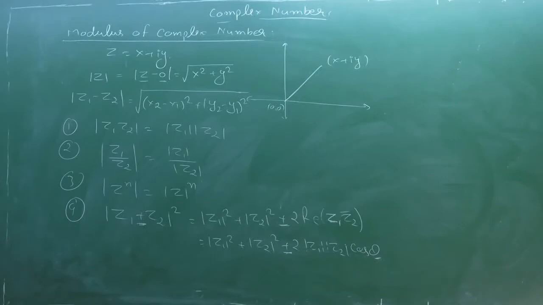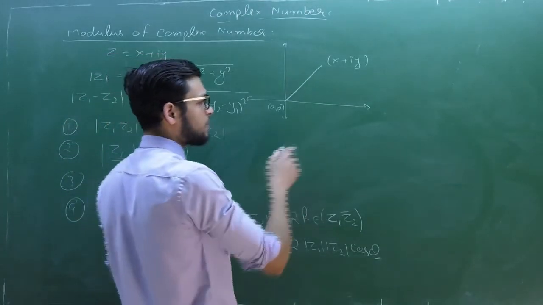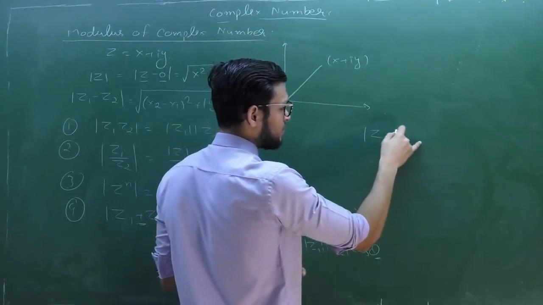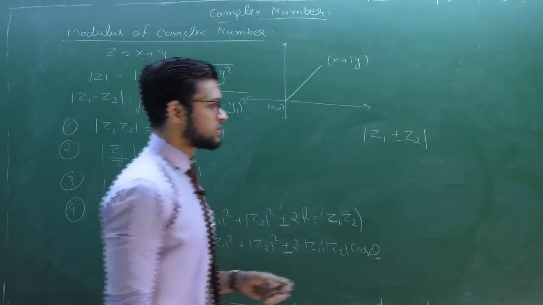Okay, all right, guys. After this, we have the triangular inequality, for mod of z1 plus or minus z2.